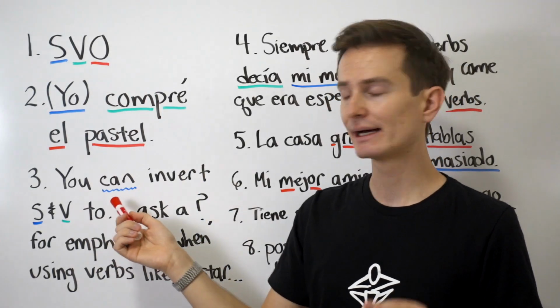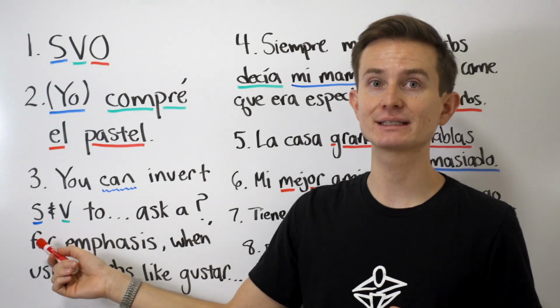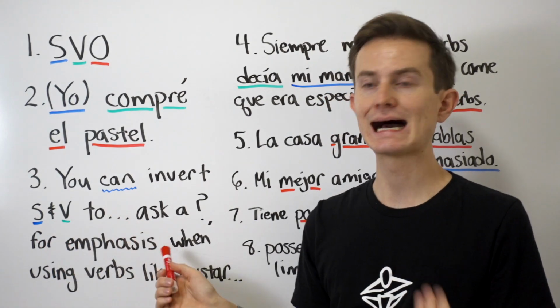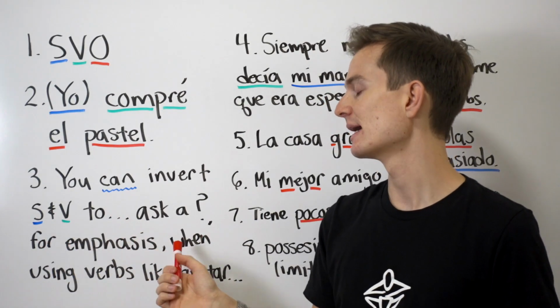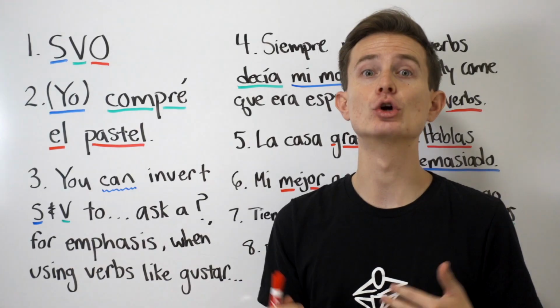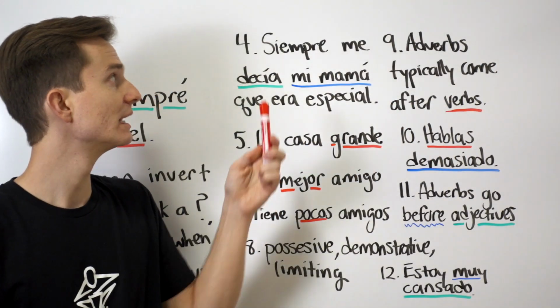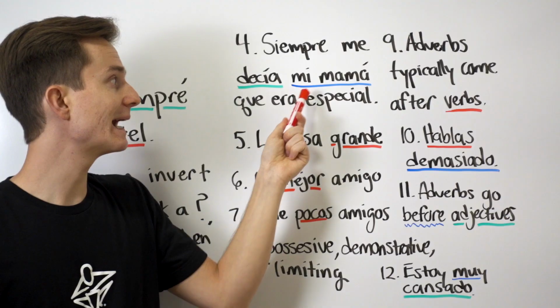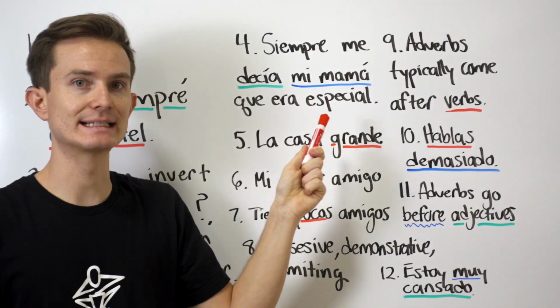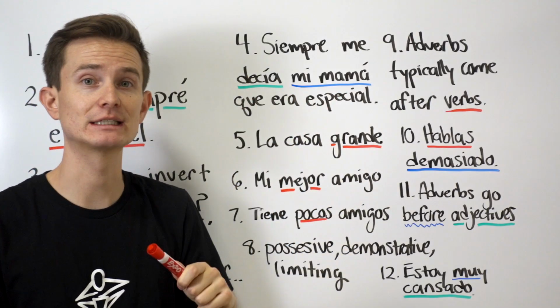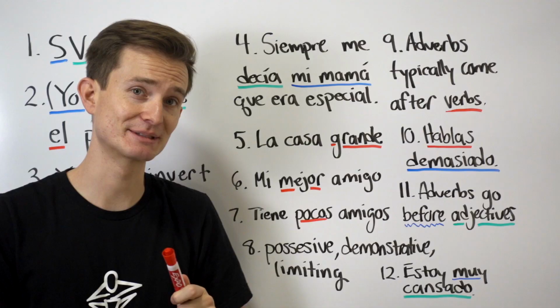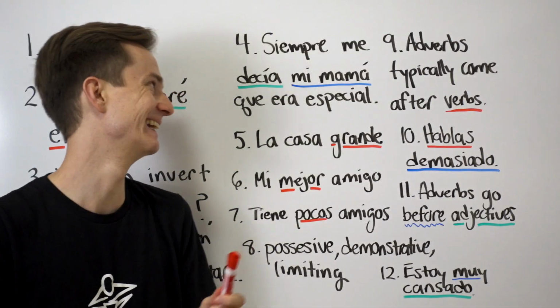So you can invert the subject and the verb to ask a question, for emphasis, and when using verbs like gustar. So, for example, siempre me decía mi mamá que era especial. My mom used to always tell me that I was special. And I like to think I'm still special. Thanks, Mom.